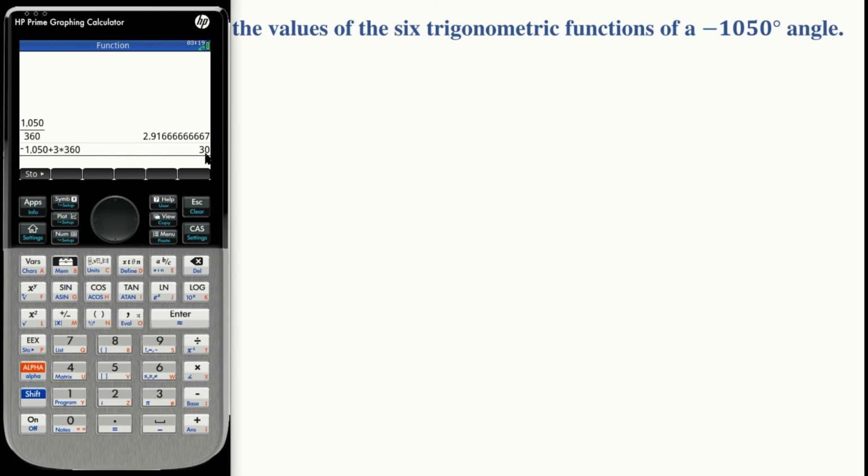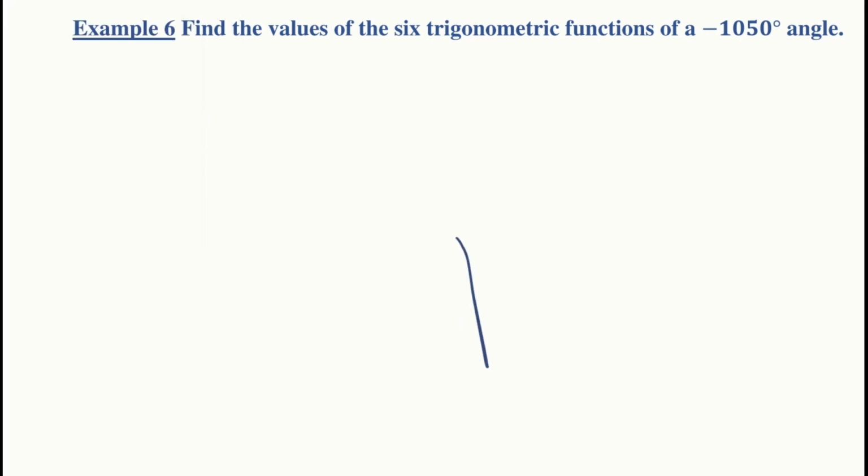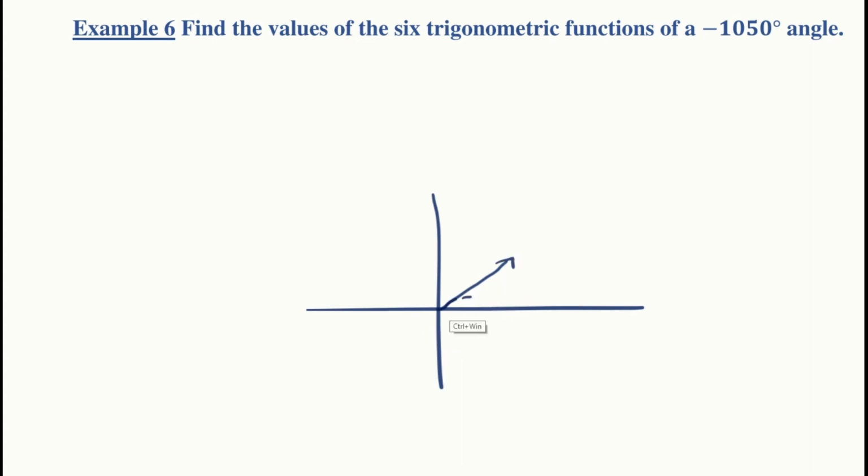So the coterminal angle and the reference angle are both going to be the same, because notice when you have a 30-degree angle, that's going to be its own reference angle, right? So all you have to do is set up your triangle, right? And this is just the basic 30, 60, 90.